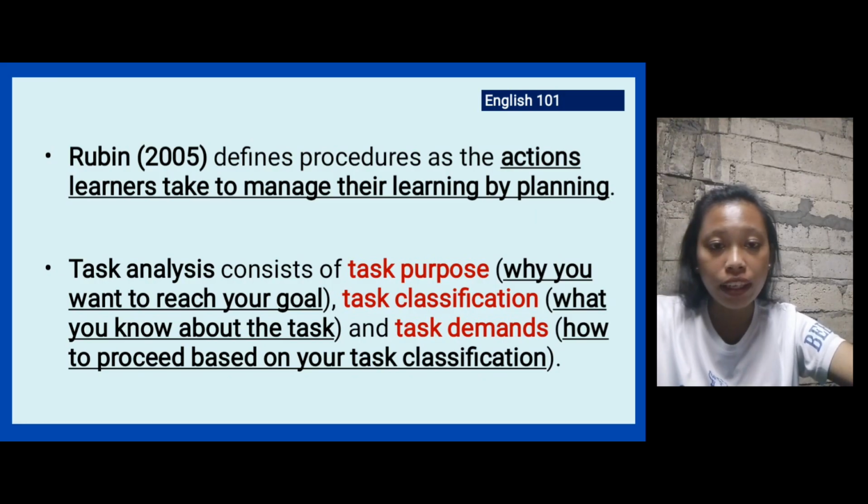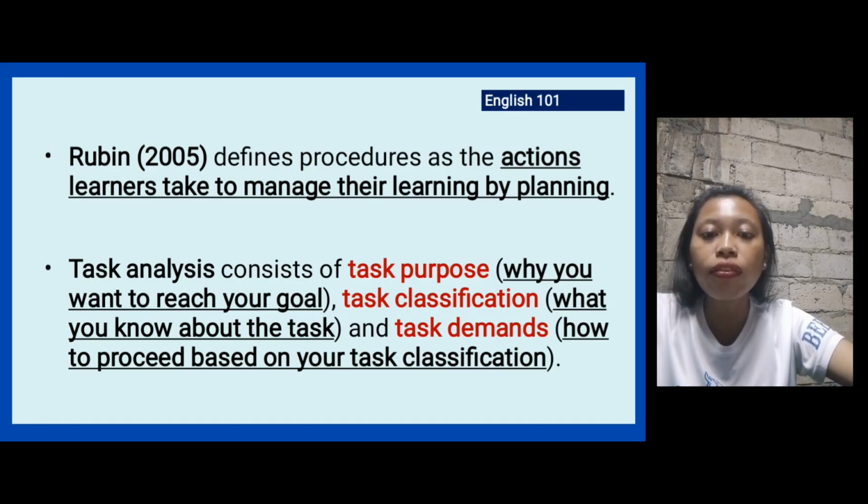The monitoring, checking progress while learning. Evaluating, judging how well they did. And problem solving, finding and applying solutions when they face difficulties. In simple terms, procedures are the steps learners take to stay organized, focused, and effective in their learning.